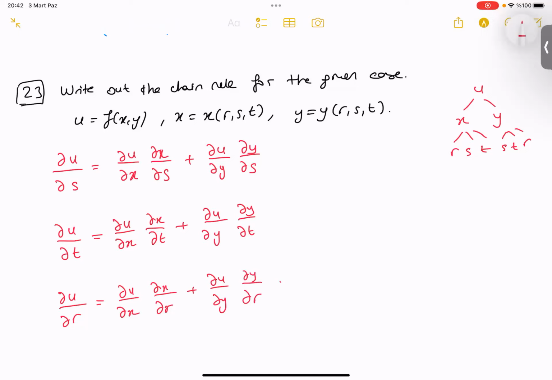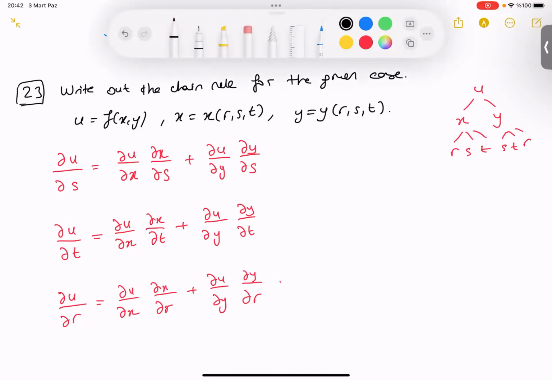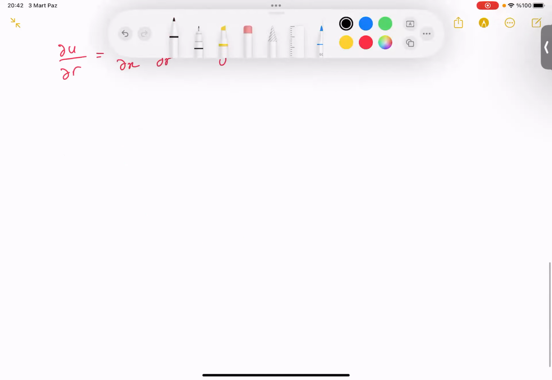Okay. Well, this was the last question of the first worksheet. Now we will solve some questions from the worksheet 2. I will write the questions again.